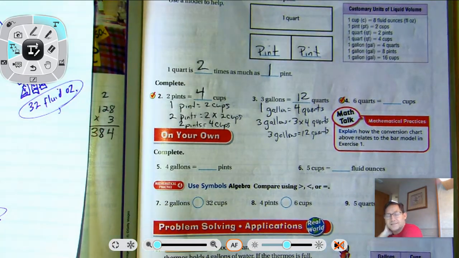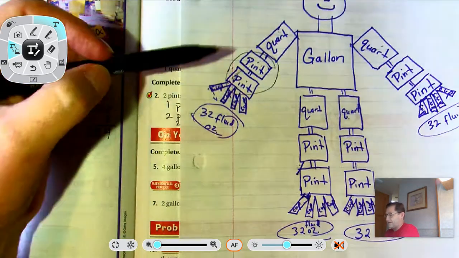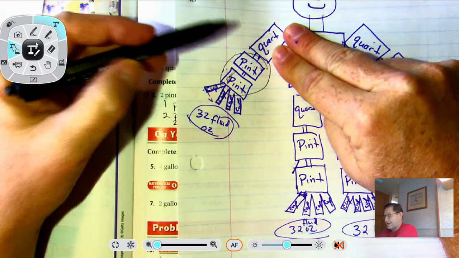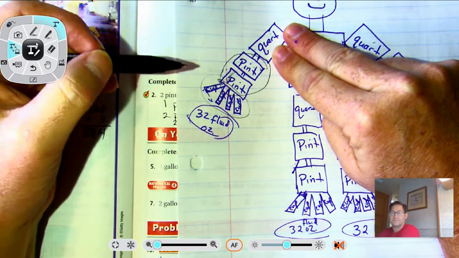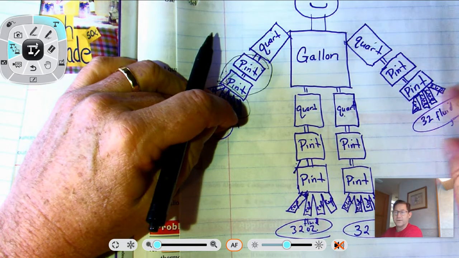6 quarts is how many cups? Okay, so every quart has 4 cups.